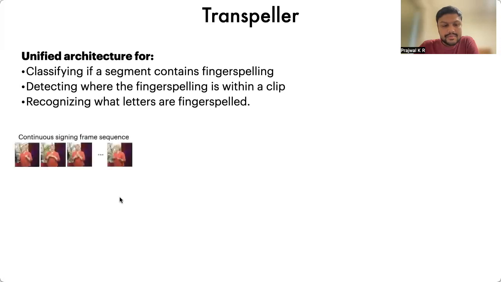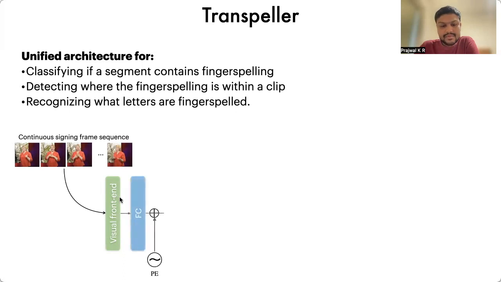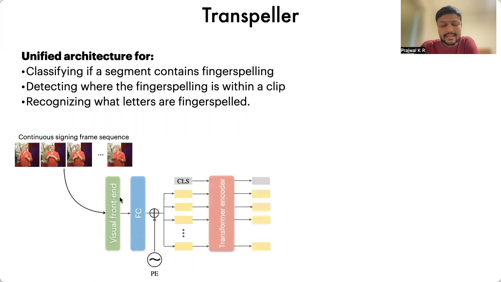To give you an overview, we start by extracting the visual features for each frame using a visual front end, which is a pre-trained video Swin model on sign classification. We project the features using a fully connected layer and add the temporal position encodings. This feature sequence, along with the learnable CLS token, is processed by a transformer encoder.